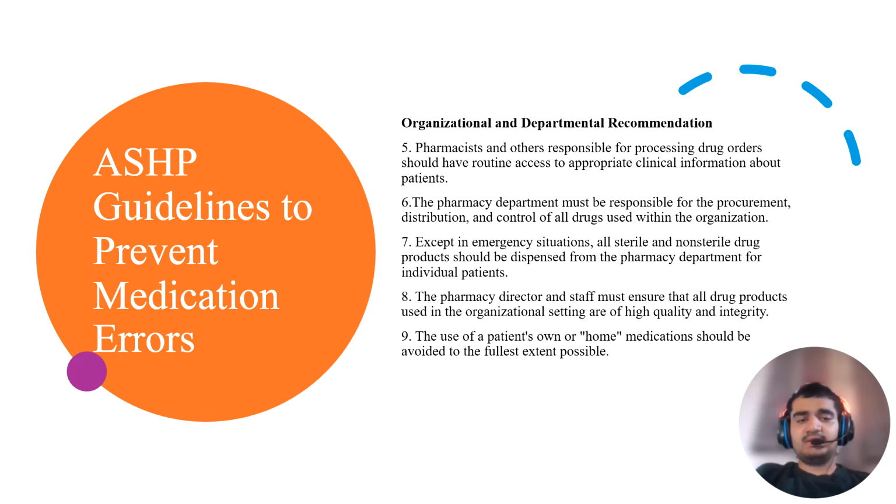Except in emergency situations, all sterile and non-sterile drug products should be dispensed from the pharmacy department for individual patients. The pharmacy director and staff must ensure that all drug products used in the organizational setting are of high quality and integrity. The use of the patient's own or home medication should be avoided to the fullest extent possible.